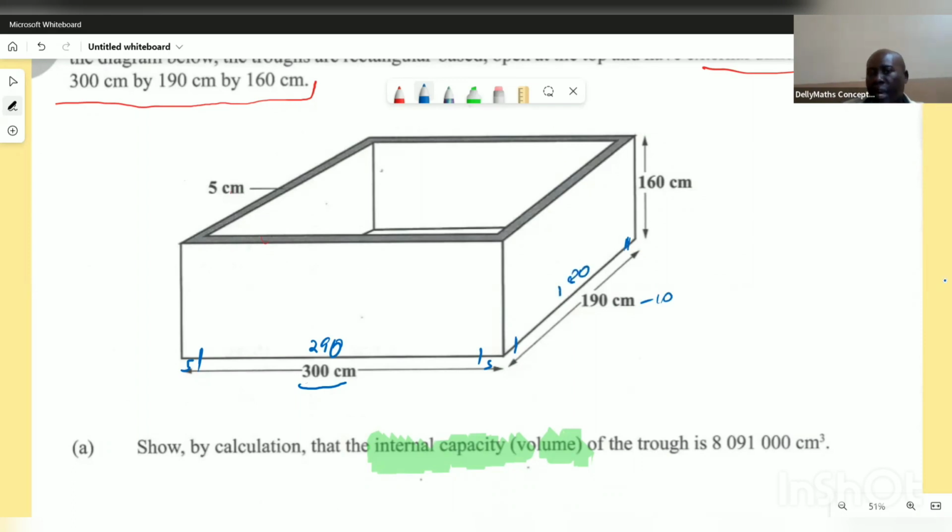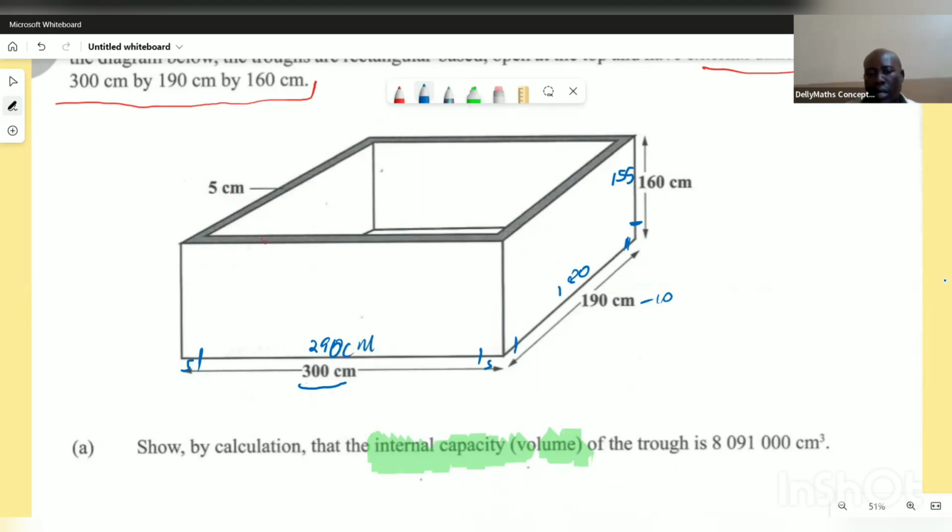In terms of the height on the inside, we only take 5 from the bottom because it is open at the top, so this height now becomes 155. Basically we're subtracting the thickness, 5 cm, all the way around, so the internal dimensions will be different from the external.